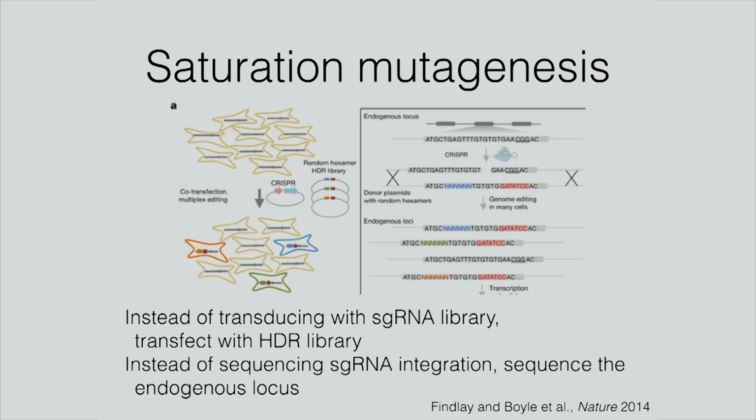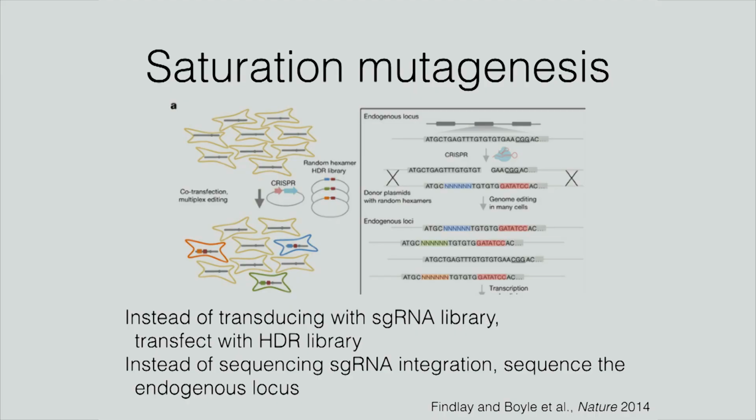They used CRISPR just targeting one locus, again in an essential gene in this case, and said, what if we introduce random hexamers in an HDR library? So homologous repair will, even if it's not perfectly efficient, introduce this hexamer into that particular locus, and then you can sequence and see, at the beginning and the end of an experiment, what happens to the specific DNA sequences at that locus.